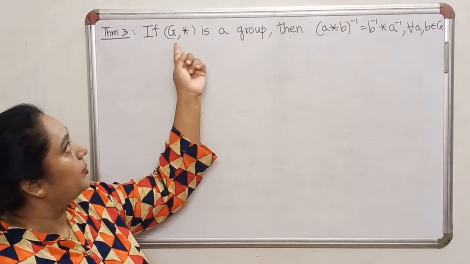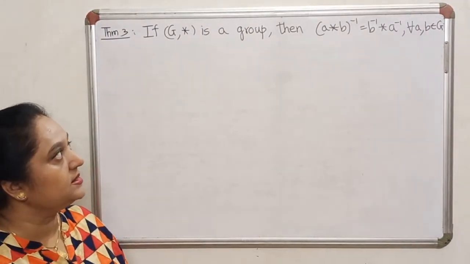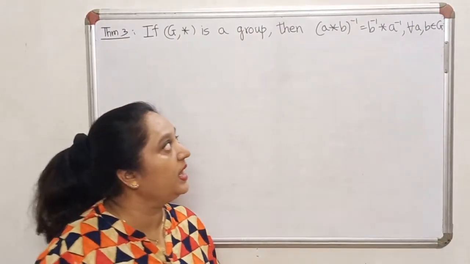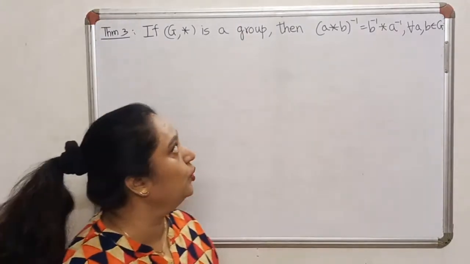That is, suppose G is a group, then we will prove that (A star B) inverse is B inverse star A inverse for all elements A and B in the group.